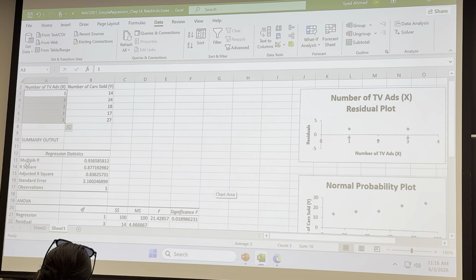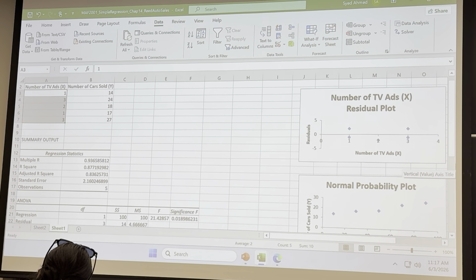R square is your coefficient of determination. We did it, 0.8772. SSR over SST. We'll talk about adjusted R square when we come to multiple regression. I'll come to the other numbers in a second, okay?